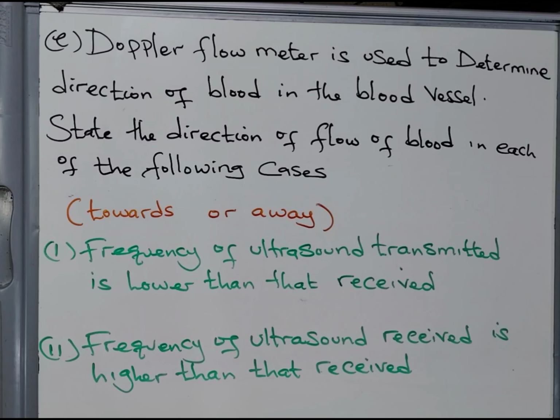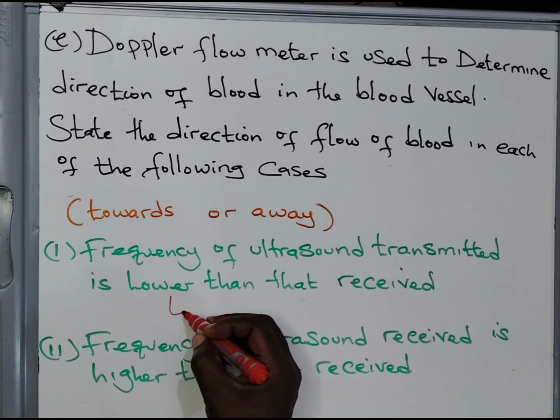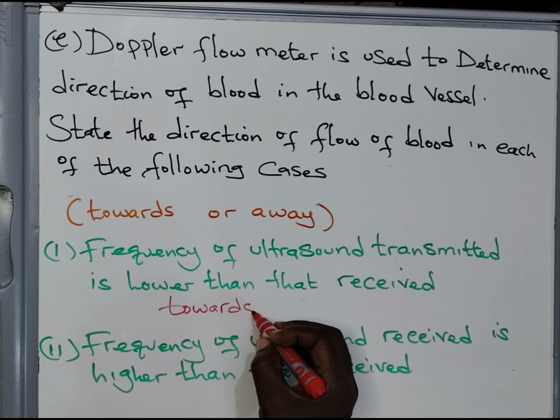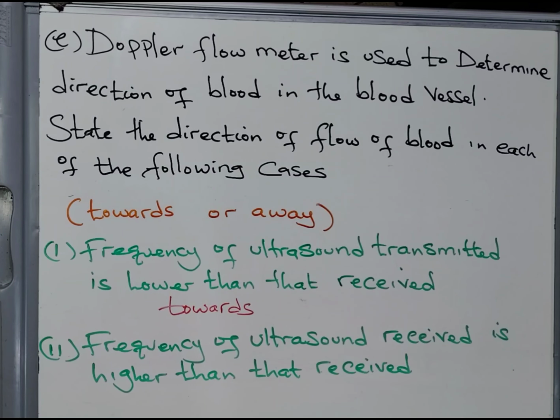What does that mean? That the received is higher than the one transmitted. In this case, the answer is towards. If the received ultrasound has higher frequency than the one transmitted, it means that blood is flowing towards the meter.